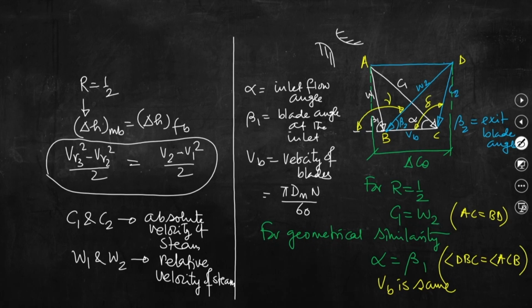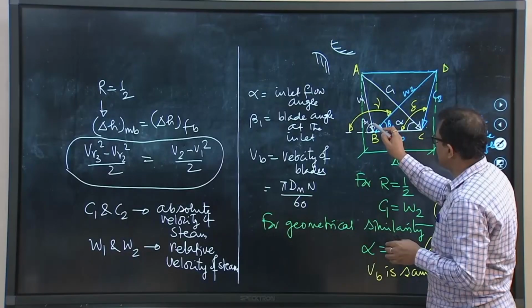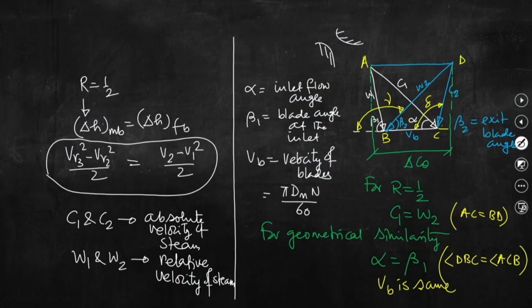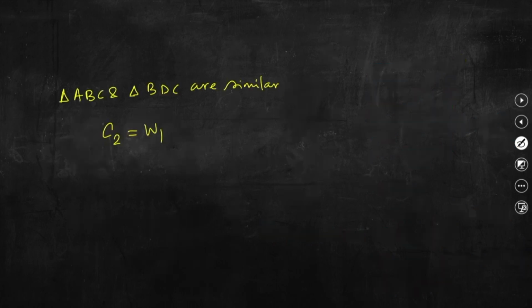So if these two triangles are similar, then this angle beta 1 would be equal to this angle, and beta 1 equal to 180 minus delta, because this is delta.